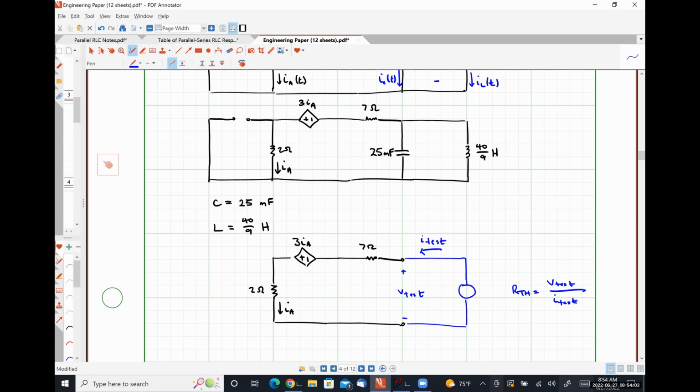Now the question here is, do I use a current source as my test quantity or a voltage source as my test quantity? We can get the correct answer using either, but this particular circuit lends itself to using a test current source.